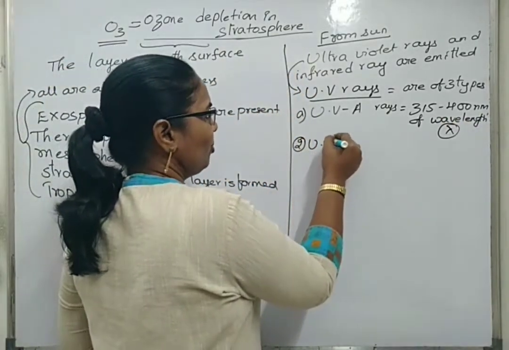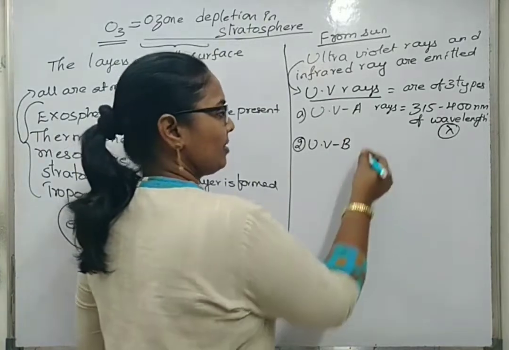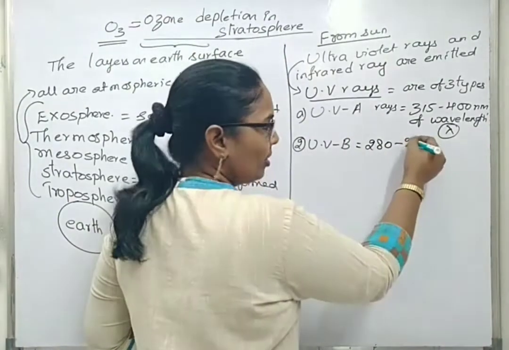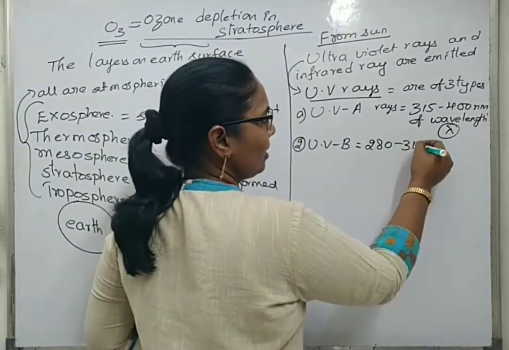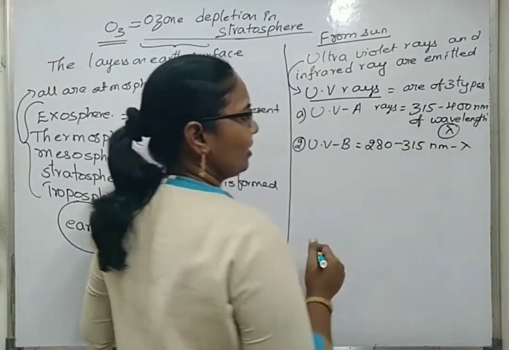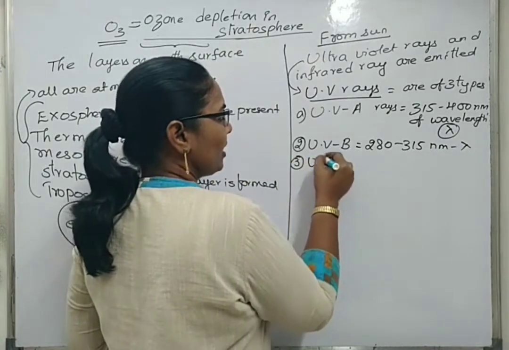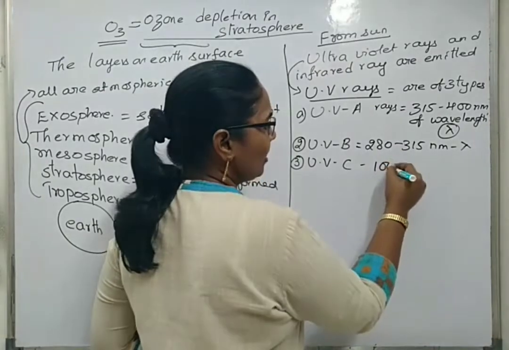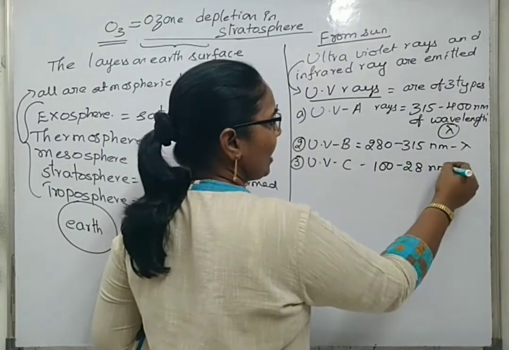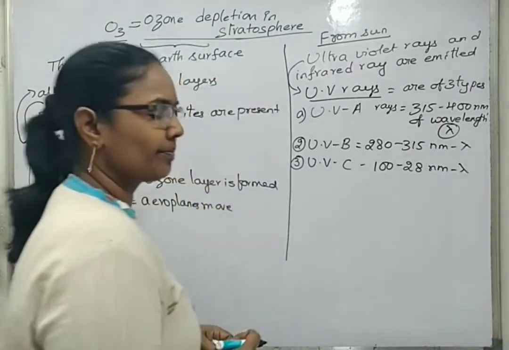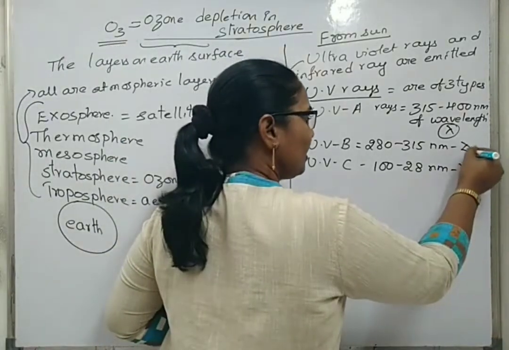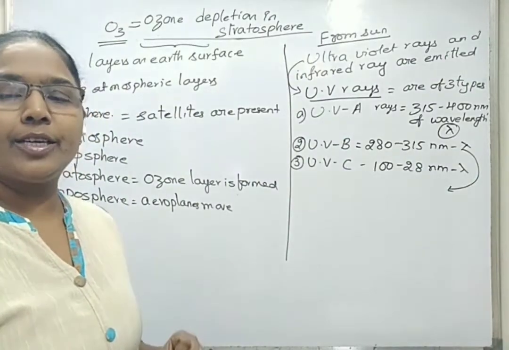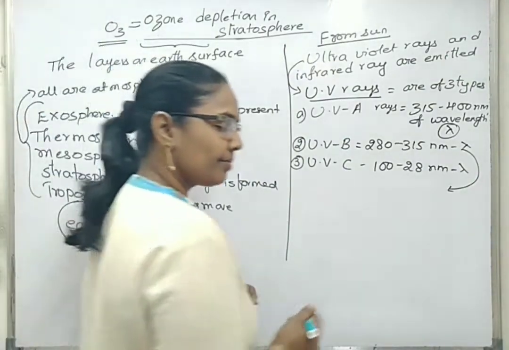Second one, UVB type of rays. These have a wavelength of 280 to 315 nanometers. Third type of UV rays are UVC rays. These have a wavelength of 100 to 280 nanometers. Now, out of these 3, UVB type of radiations are harmful for living organisms on Earth.